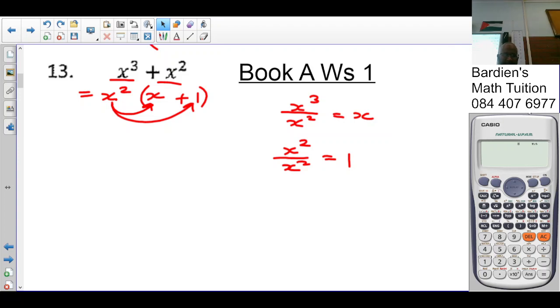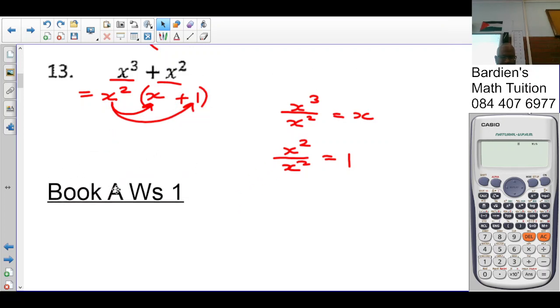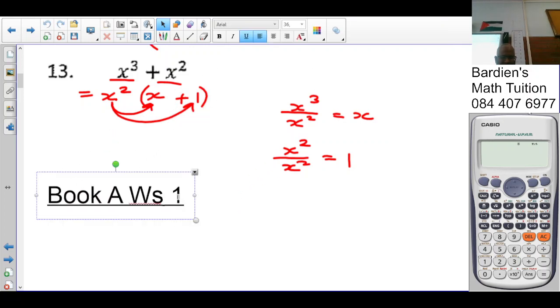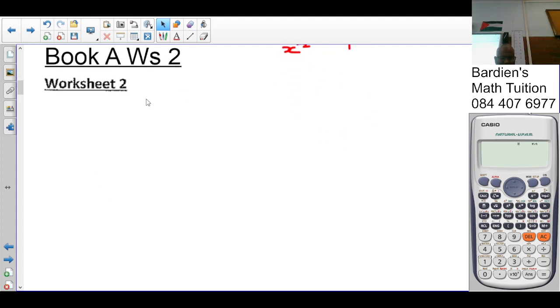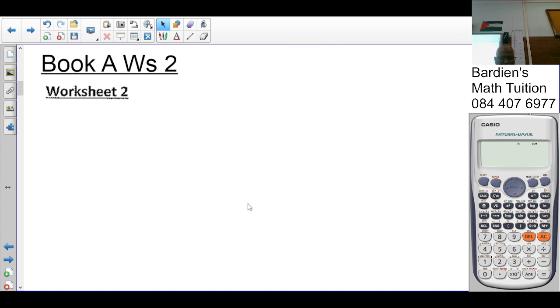Okay. Now let's look at worksheet 2. First column again to factorize.